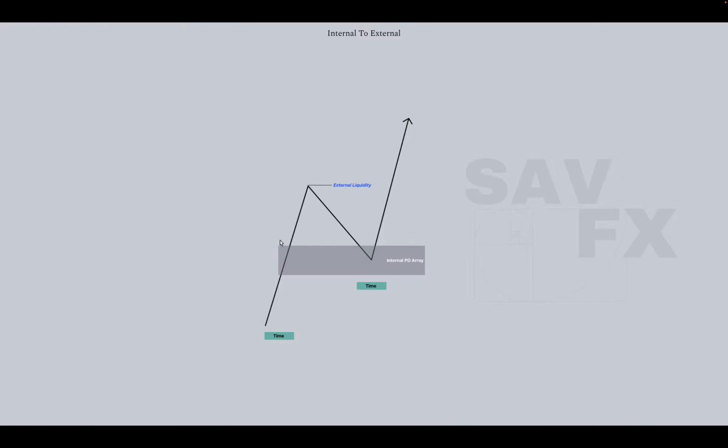Whereby now the internal PD array, which can be an imbalance, it can be a time-based range array. It can be a rejection block. It can be a time-based order block. It can be a time-based volume imbalance and even a time-based breaker, right? But we will ideally be focused more on inefficiencies, right? Everything else you ideally don't really require, right?